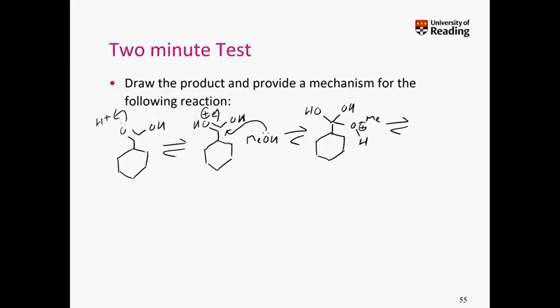We then see some kind of proton transfer. At that point, we create this protonated water ready to leave. We have the O-methyl group. We then reform the carbonyl carbon bond, and we lose water as our leaving group.